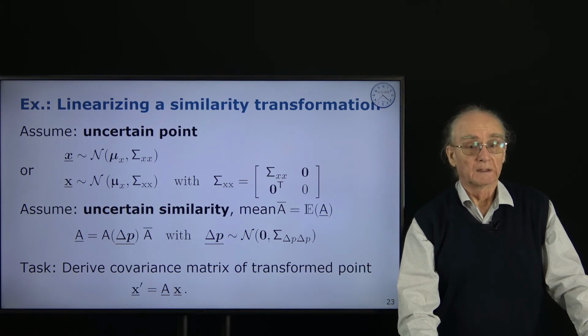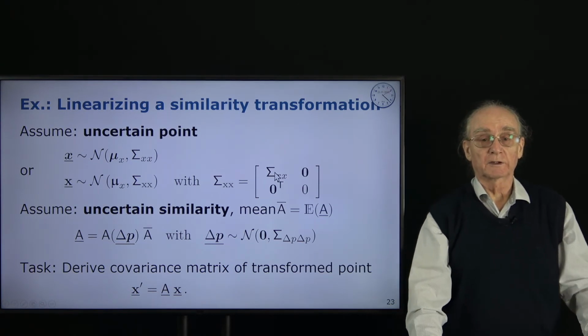So this is simple. And how does it look with the covariance matrix? Now, the covariance matrix of the first 3 elements, of course, is this 3 by 3 covariance matrix of the non-homogeneous vector. And because the last element here, the mu 4, is 1, its standard deviation is 0, and consequently the correlations between this 4th element and the first 3 elements also is 0.